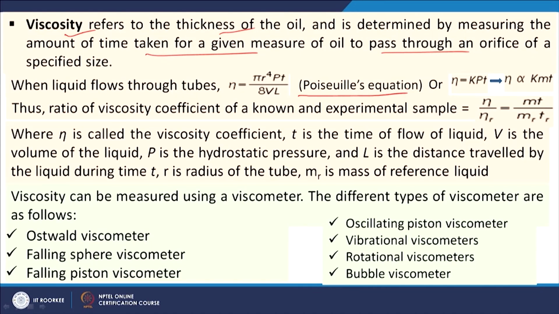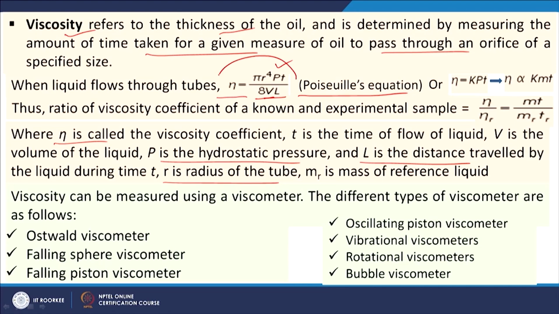In this case we can use Poiseuille's equation, that is eta is equal to pi r to the power 4 p t divided by 8 v L, where eta is the viscosity coefficient, p is the hydraulic pressure, t is the time of falling, v is the volume of liquid collected, L is the distance travelled by the liquid during time t, and r is the radius of the tube.